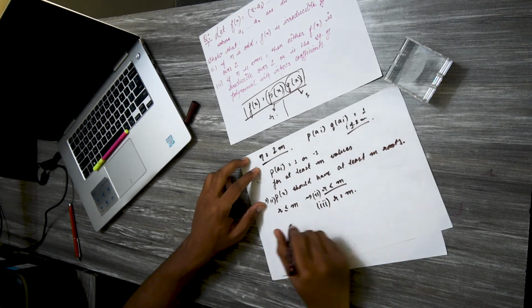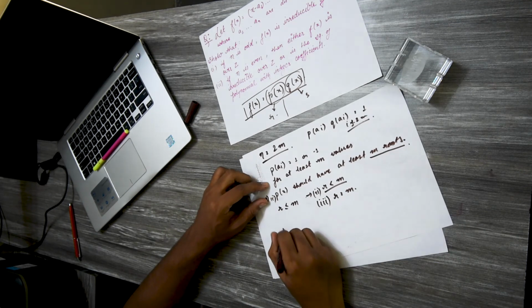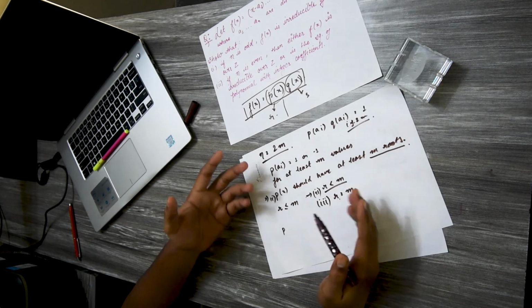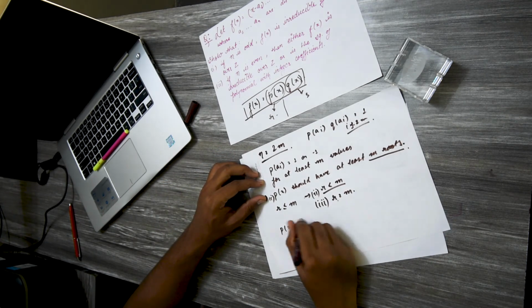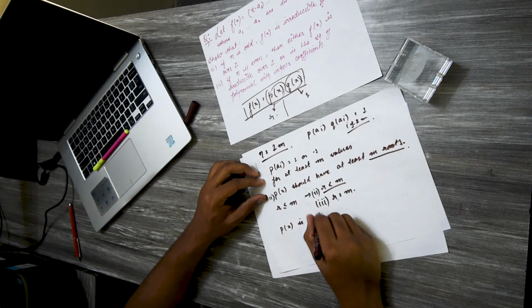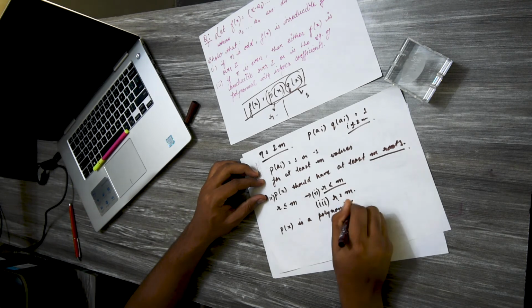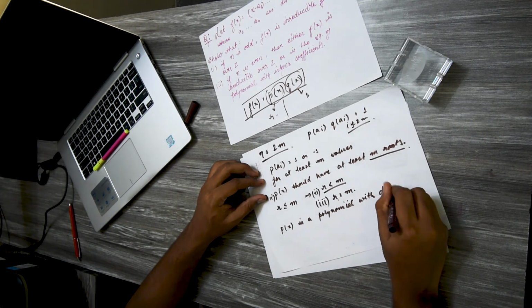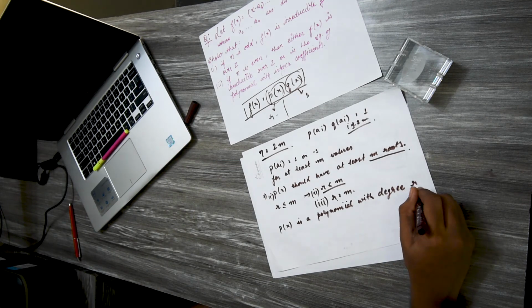That means Px has at least m roots, and Px degree is also m. That means Px is a polynomial with degree r equal to m.